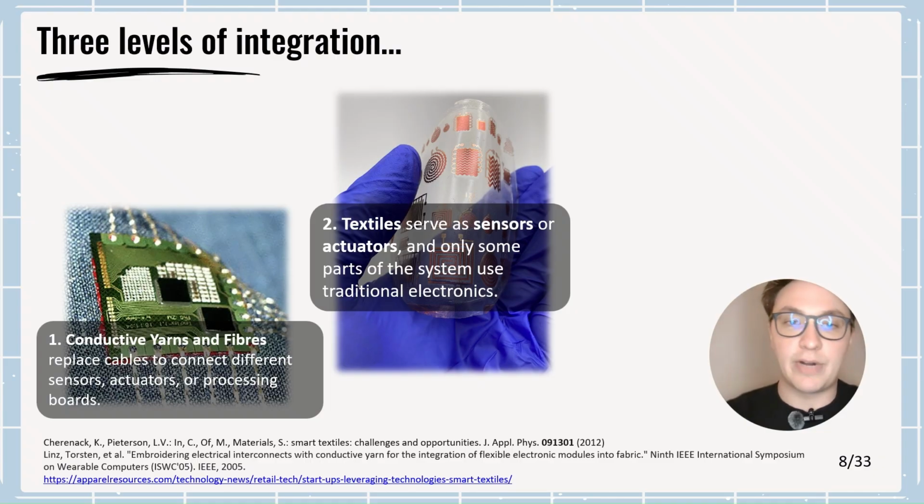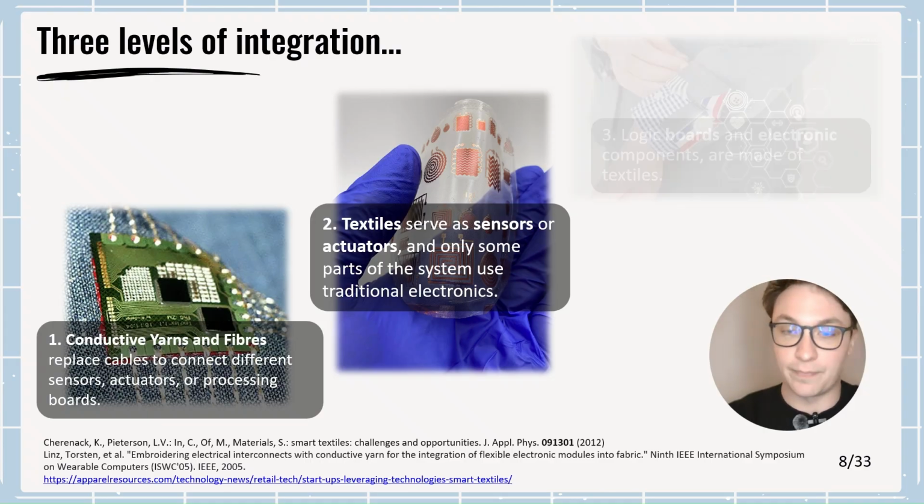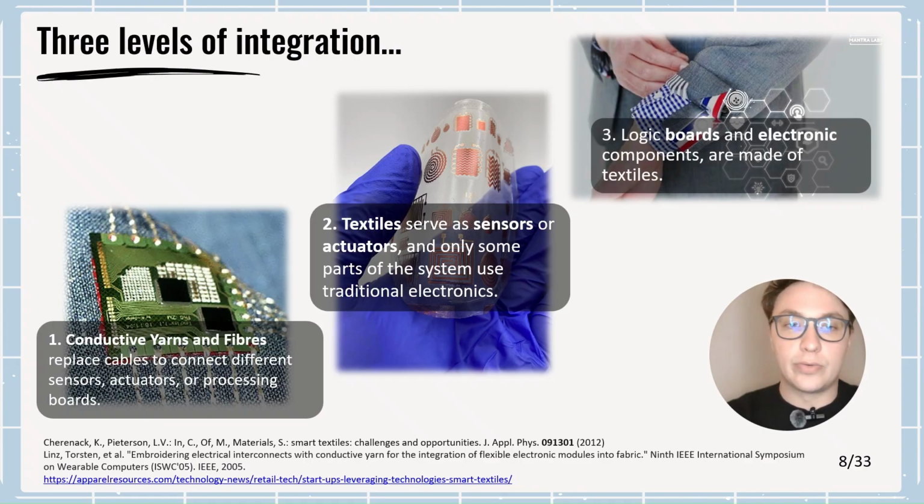The second level of integration is based on the possibility to use the very textile as a sensitive element or as an actuator. So the textile itself becomes a sensor, and it plays an active role in the whole electronic system. Finally, the idea is to aim for an entire logic board with all the electronic components made out of textiles.